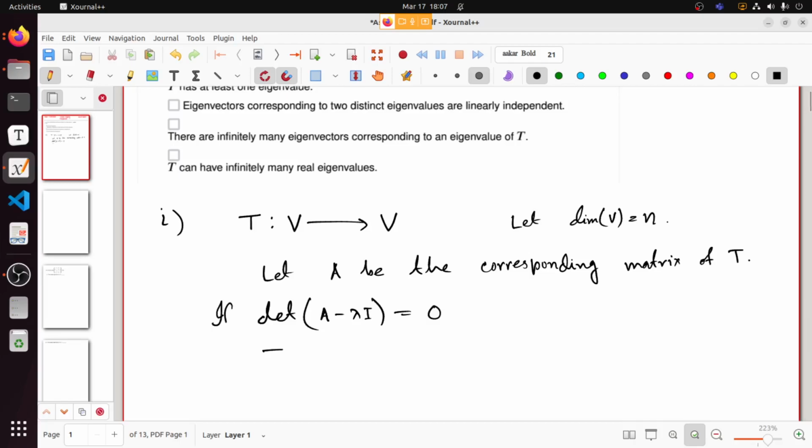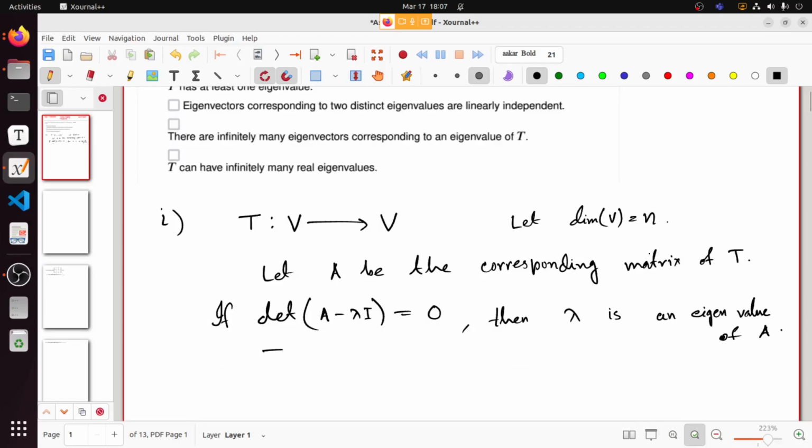If this equals 0, then lambda is an eigenvalue of A, or T.